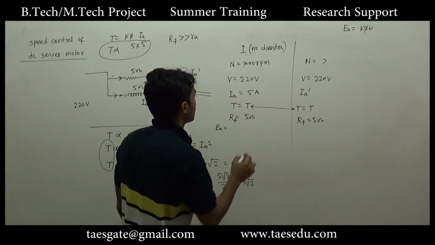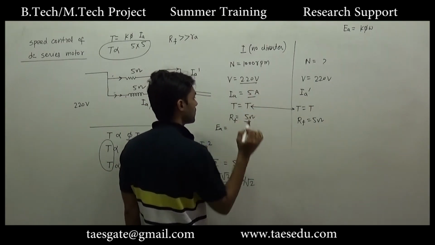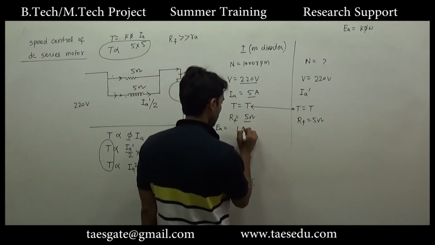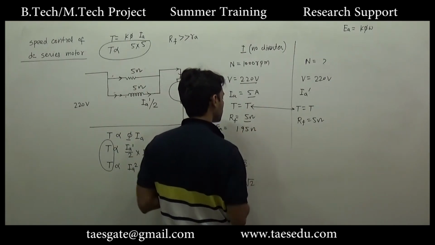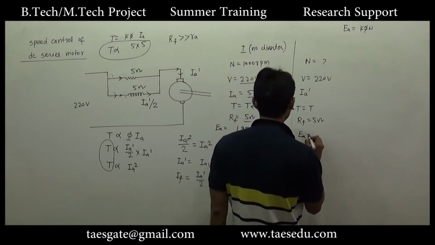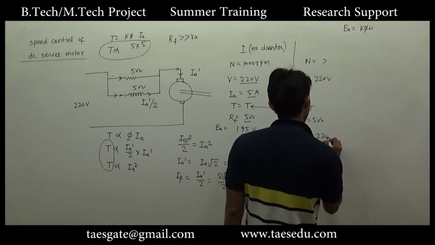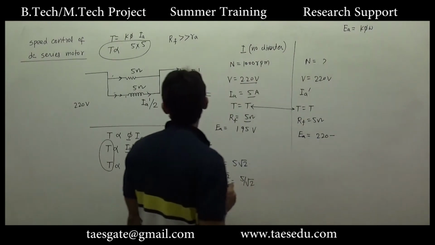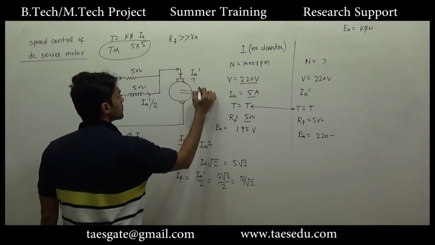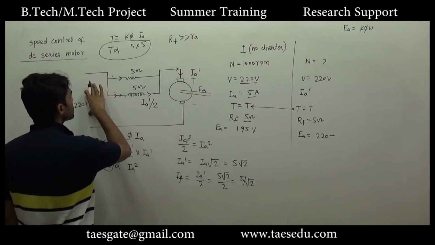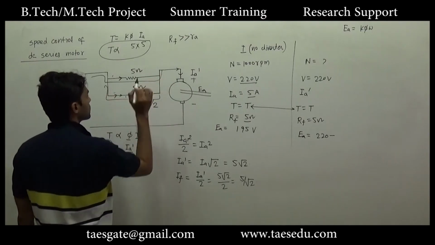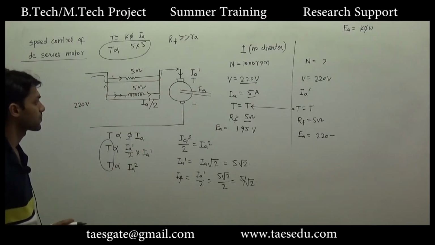This is V minus Ia into R. So this was 195 volt. What will be EA in this case? 220 volt minus, this voltage will be the supply voltage. Either you go by this loop or this loop, both have the same resistance and current.